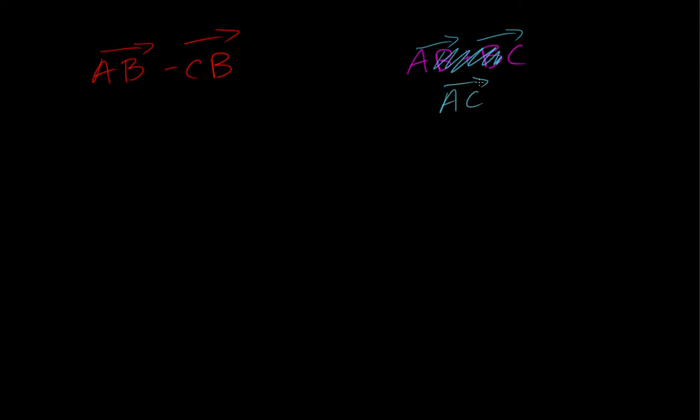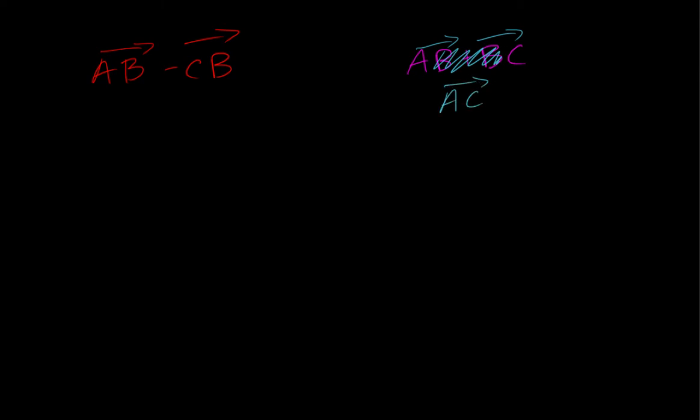Alright, next one. We have points A, B, C, and D, and we want to simplify AB minus CB. Now, you may have noticed a shortcut from two problems ago. If we have AB plus BC, if these two are the same, they cancel, and that would just be AC.